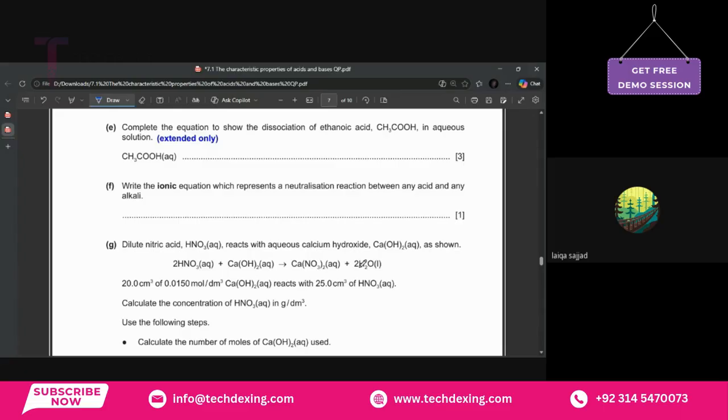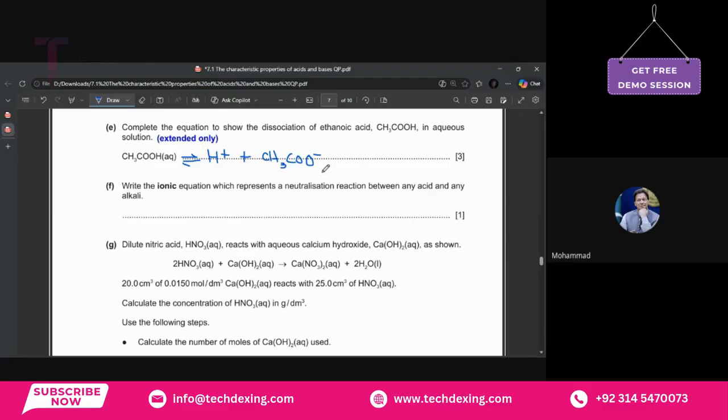So it will get decomposed into H plus ions and CH3COO negative ions. So it would be H plus and CH3COO negative. That's it.